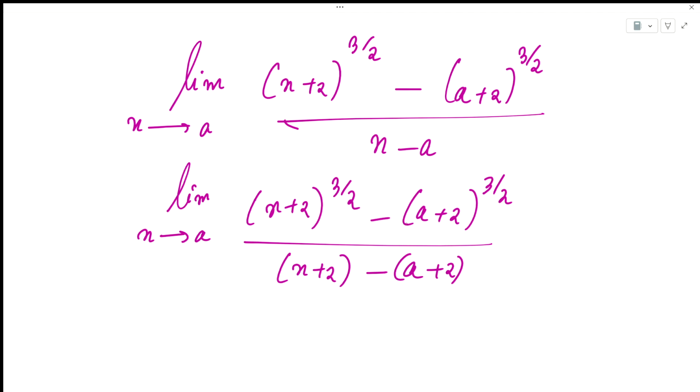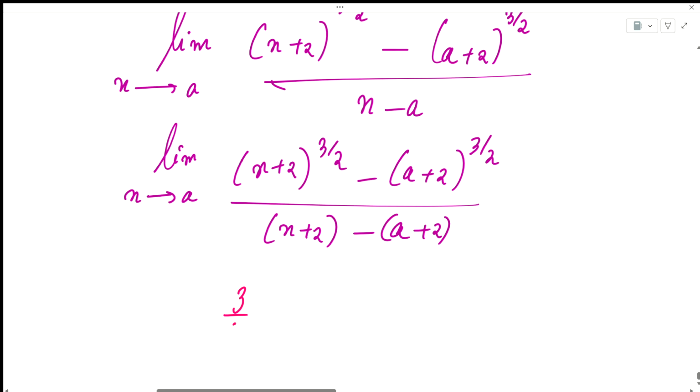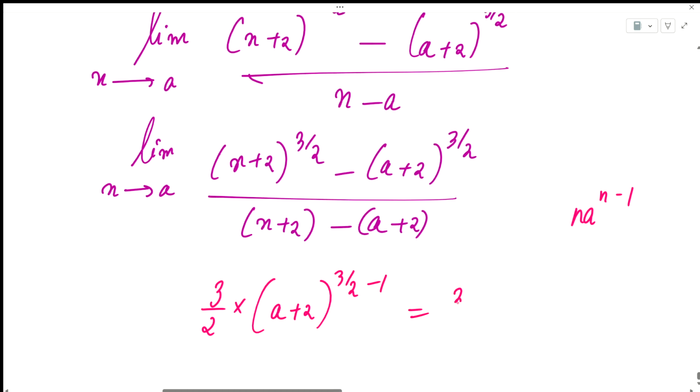So this is gonna be 3 by 2 into, what is the formula? n a to the power n minus 1. So in place of a I have a plus 2. So 3 by 2 into (a plus 2) to the power 3 by 2 minus 1. This is gonna give me 3 by 2 into (a plus 2) to the power half.